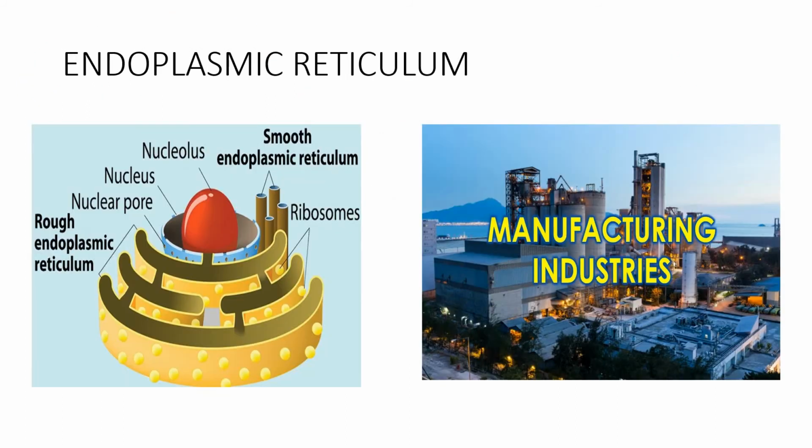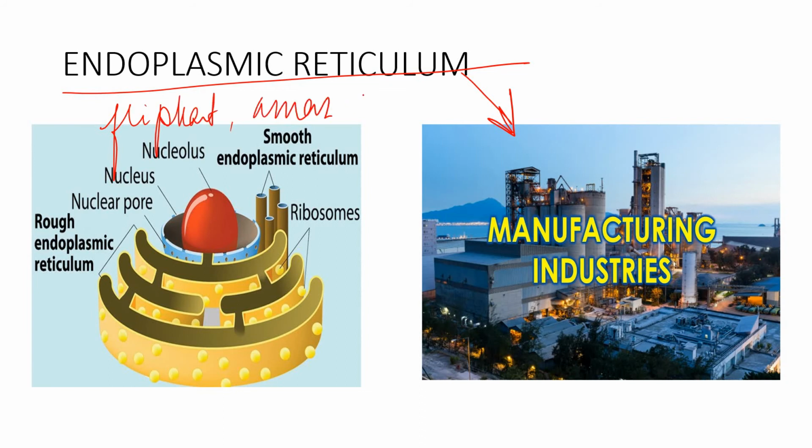Next, we go to the endoplasmic reticulum. See, the endoplasmic reticulum is basically like a manufacturing industry. How? It is a network of tubules which are involved in storage and transportation of substances within the cell. So they act like a Flipkart or Amazon facility also.